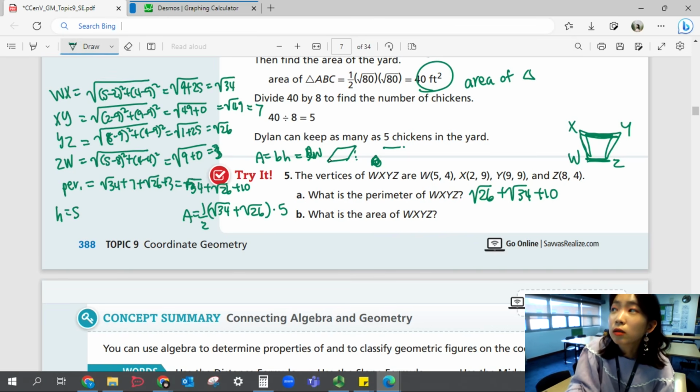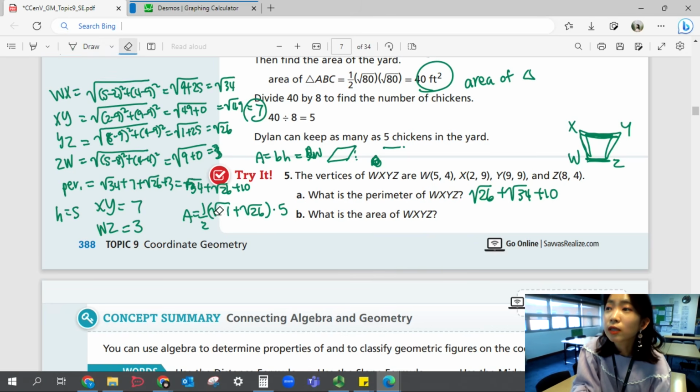We need XY and WZ, right? So XY is 7. ZW is 3. So then we can just use our nice little whole numbers instead of the square roots to figure out the area. So 7 plus 3 divided by 2 times 5 would be our area.